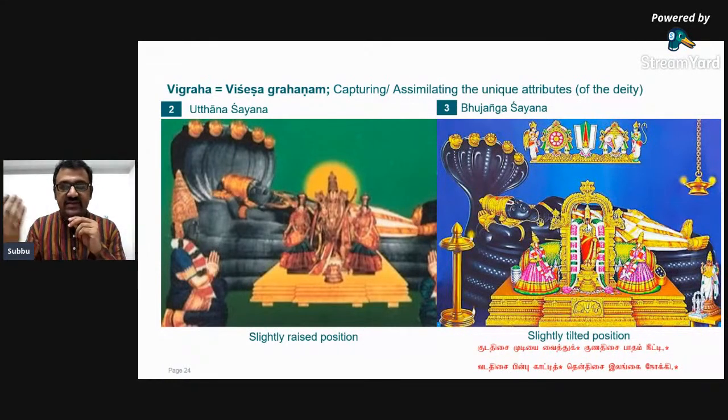That means he is lying down facing the southern direction in order to bless Vibhishana. We'll come to those stories when we actually deal with the Mahatmyam of the Srirangam temple. And that's what you see in this. Again, there is no Shankha Chakram that you see in the Moolavar, in the Moola Moorthi.